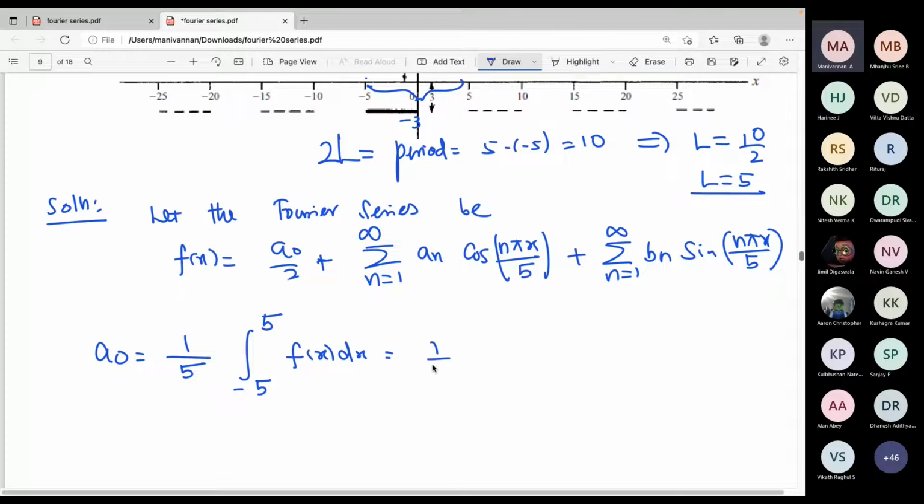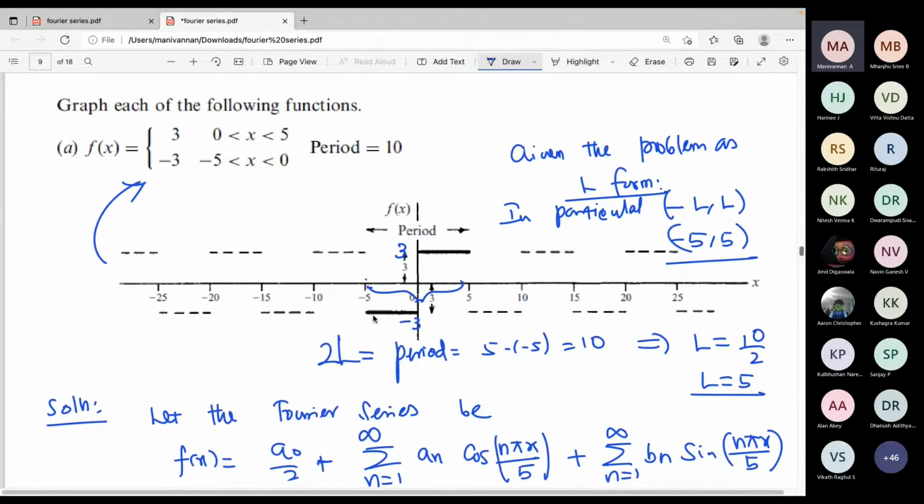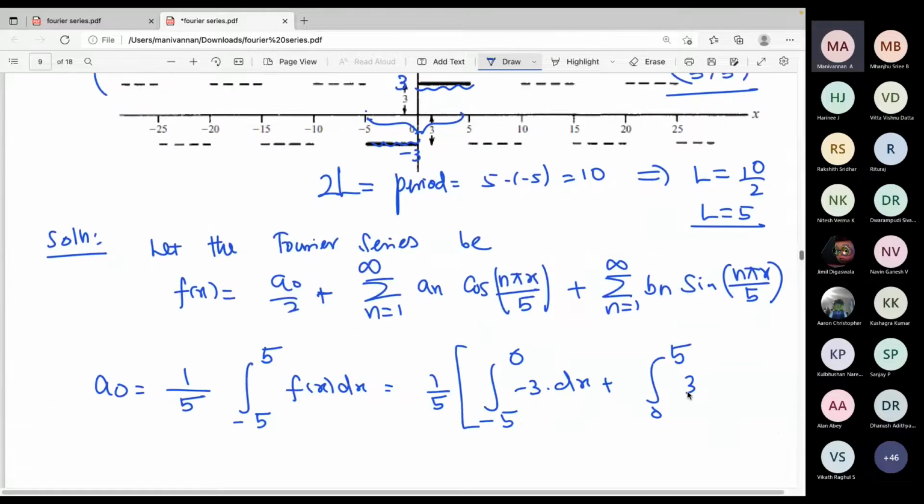So for this, 1 by 5, the integral from minus 5 to 0, where my function has the negative value minus 3, of minus 3 dx, plus the integral from 0 to 5, where graphically it is 3, of 3 dx.